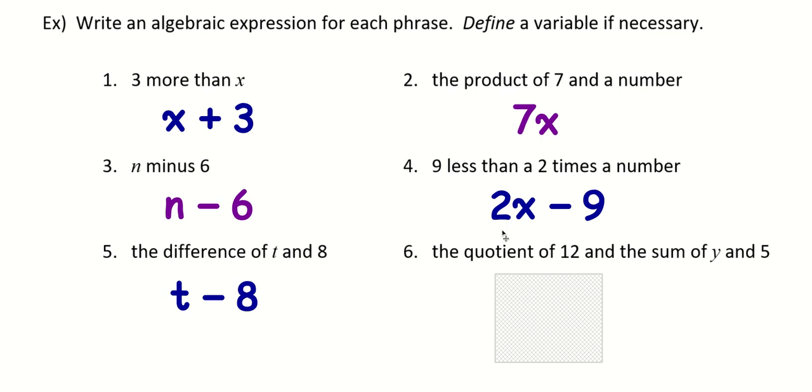The quotient of 12 and the sum of y plus 5. So it's a quotient of 12 and this sum. So overall it's a quotient, okay? So you're basically adding those together, because that's what sum means, and then it's the quotient of 12 and that.